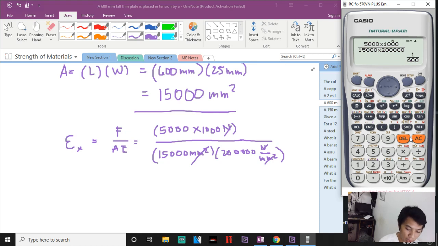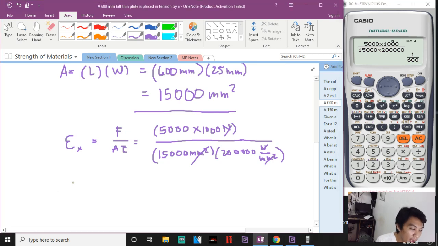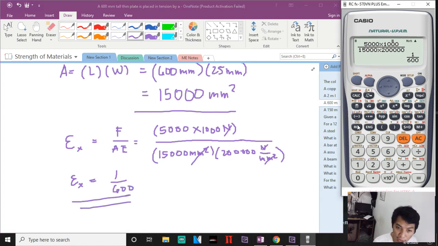So, okay, that is 1 over 600 ang ating longitudinal strain. 1 over 600. Huwag muna natin siyang i-simplify. Okay? So, let us store this value in A.